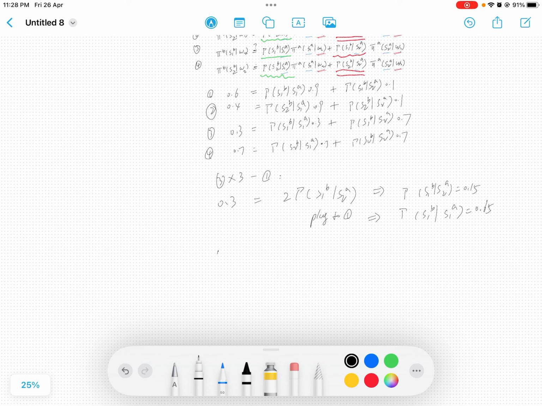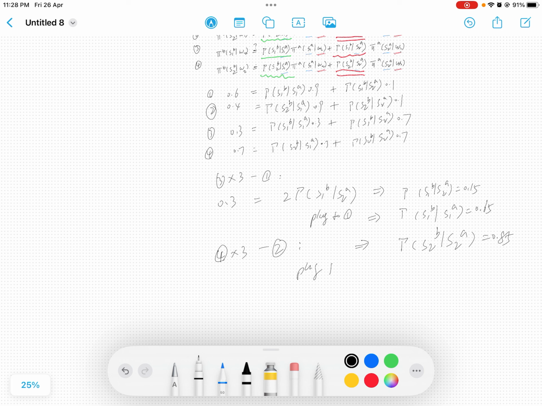So similarly, we use number 4 times 3 minus number 2. Okay. So similarly, and then we can get gamma S2b given S2a is 0.85.